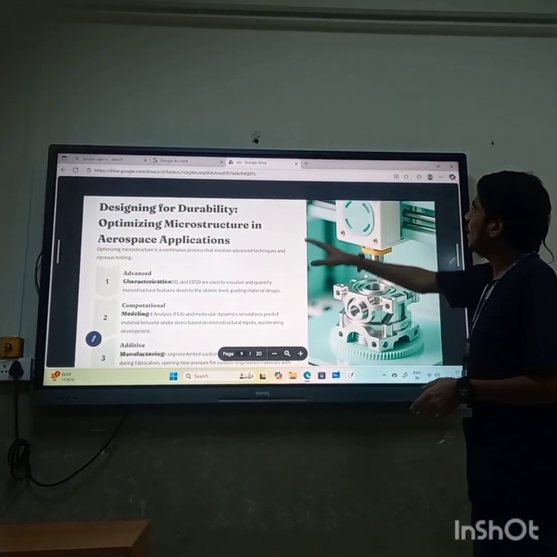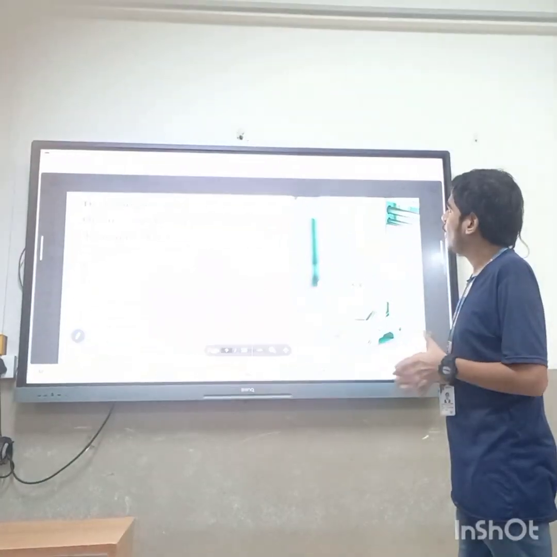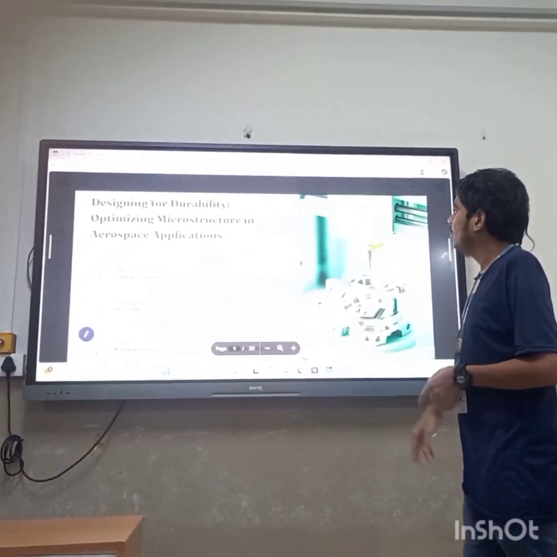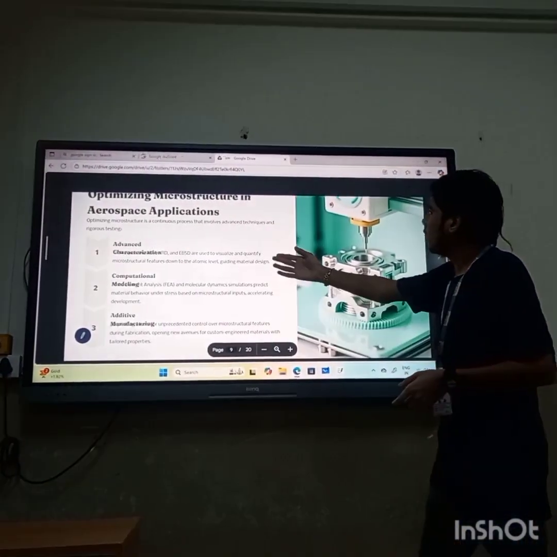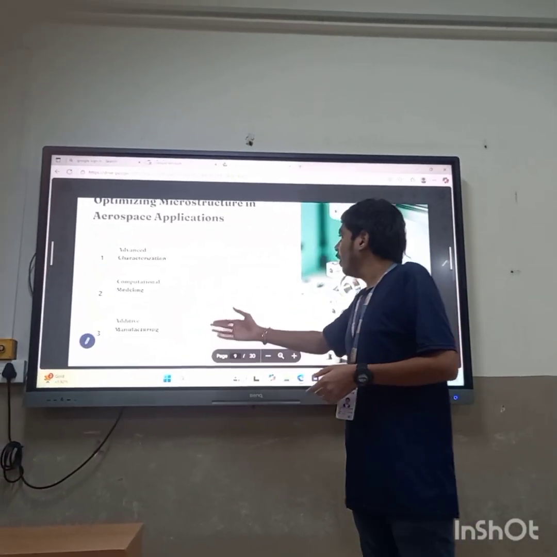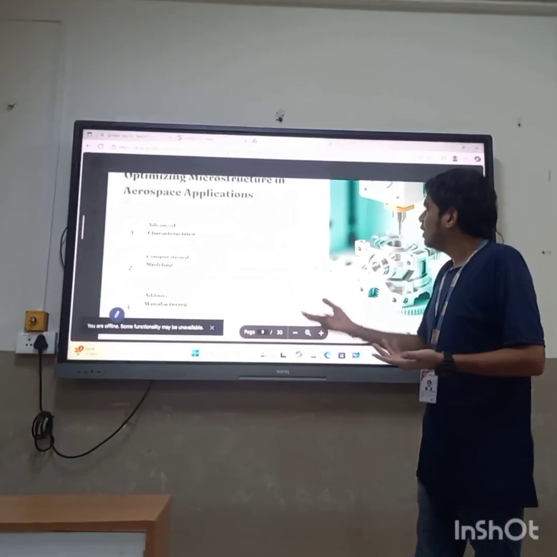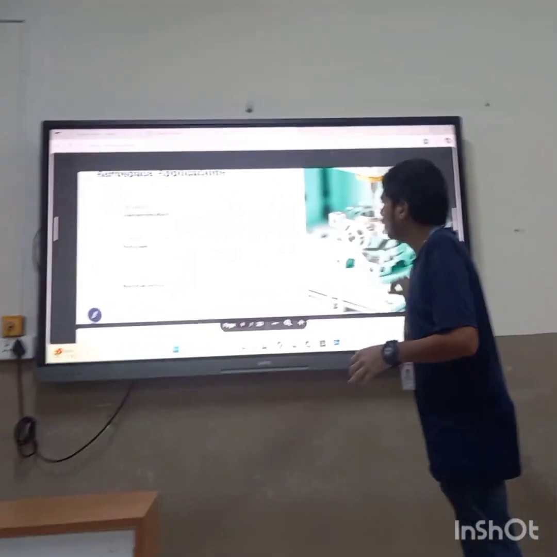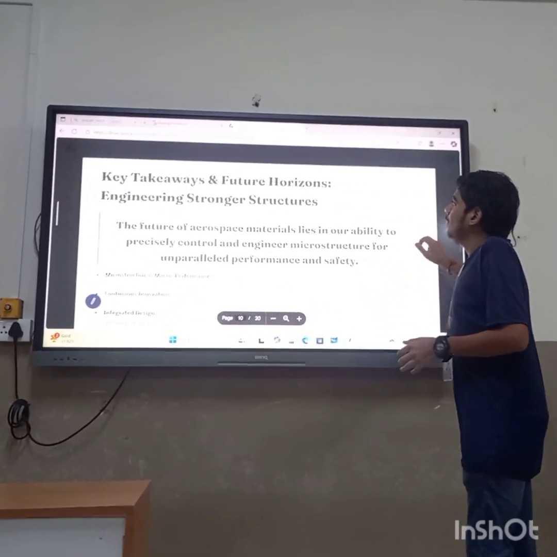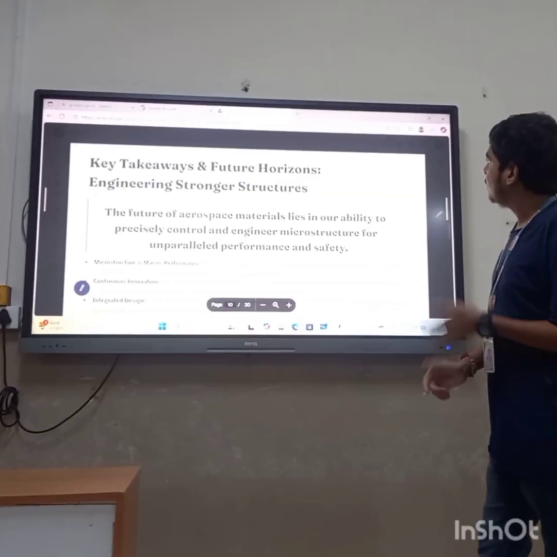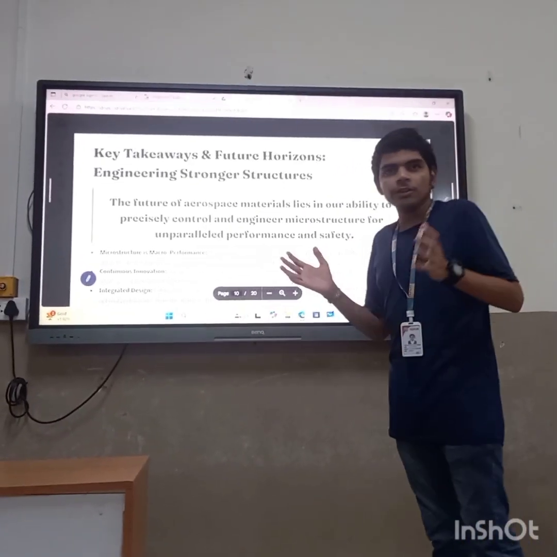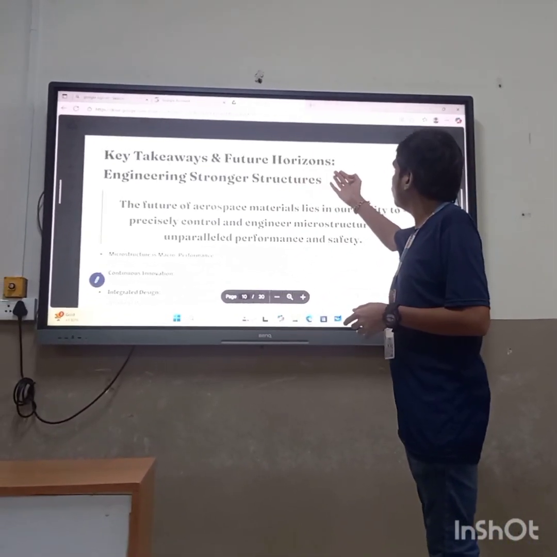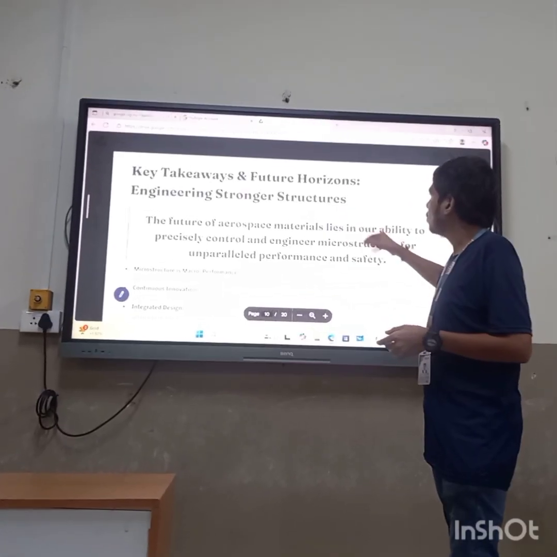Then next is designing for durability: optimizing microstructure in aerospace applications. There are three approaches: advanced characterization, computational modeling, and additive manufacturing. The next is key takeaways, future horizons, engineering stronger structures.